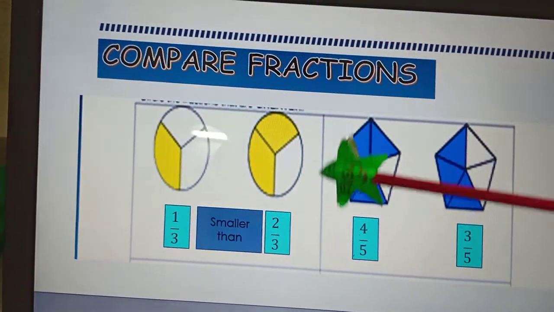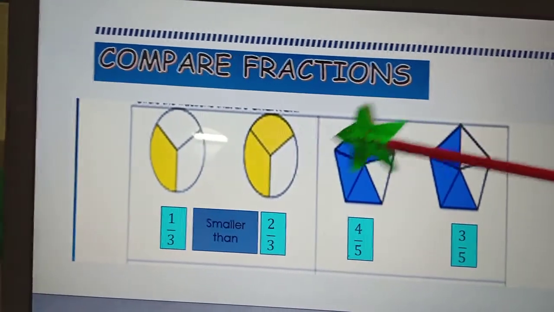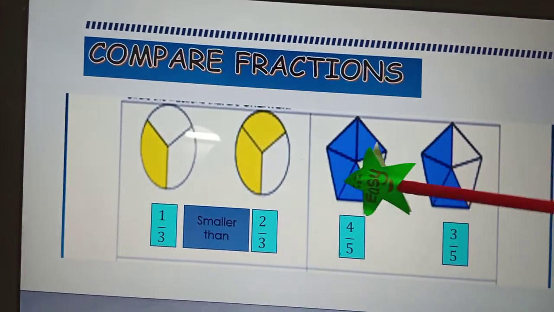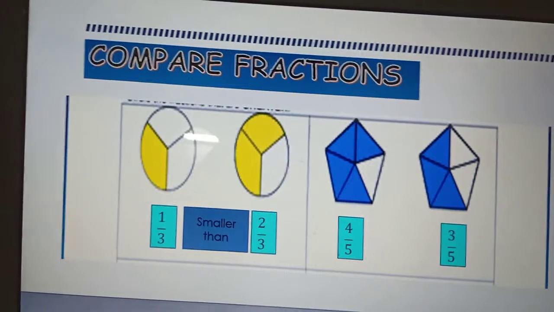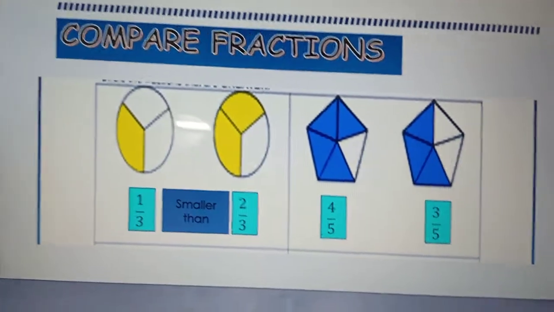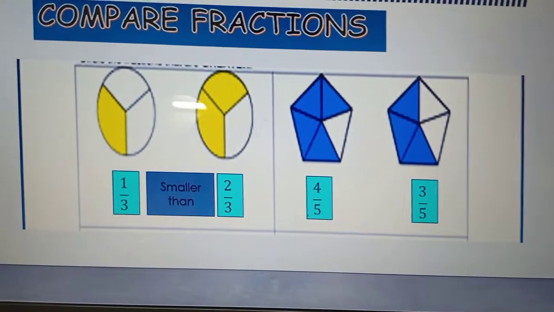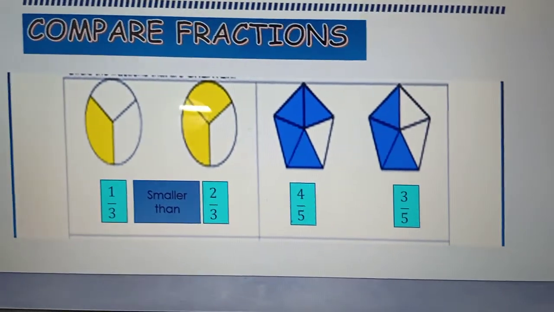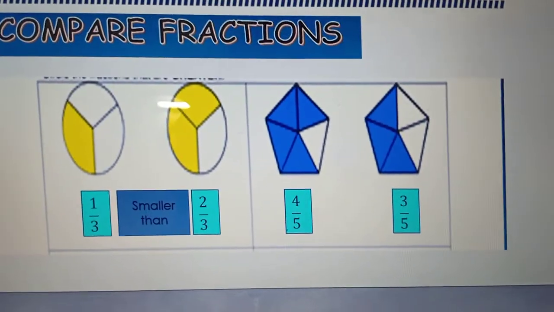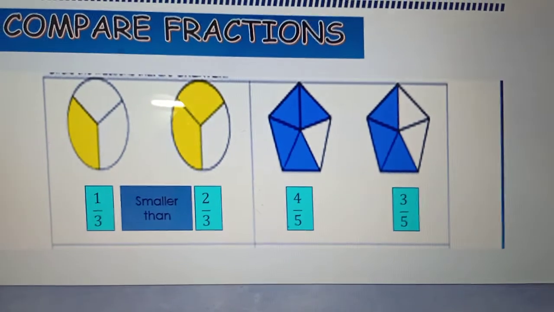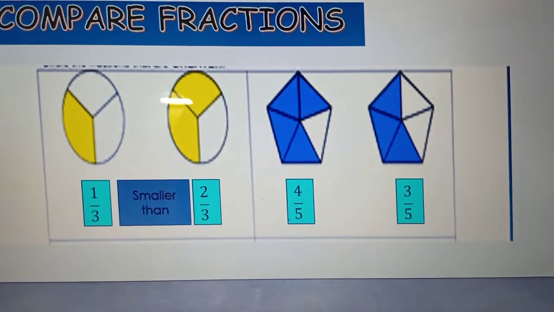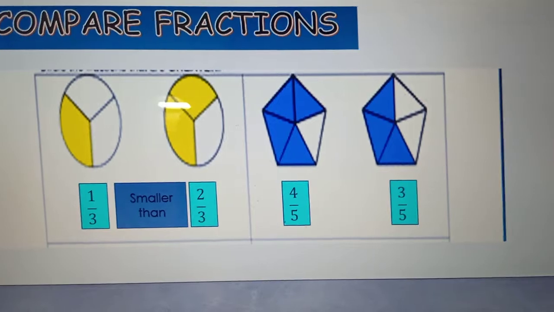The parts that we color here, are they larger or smaller than the parts we color there? Can you see? So 4/5 is smaller than 3/5, or 4/5 is larger than 3/5.